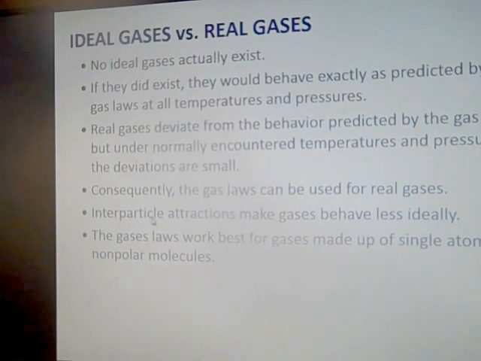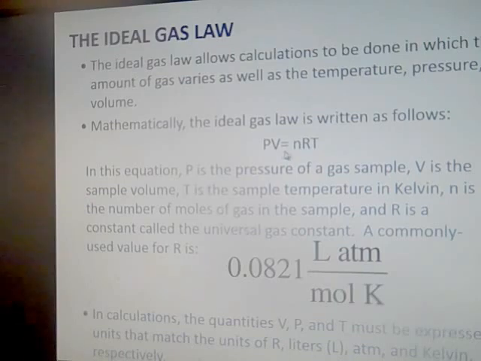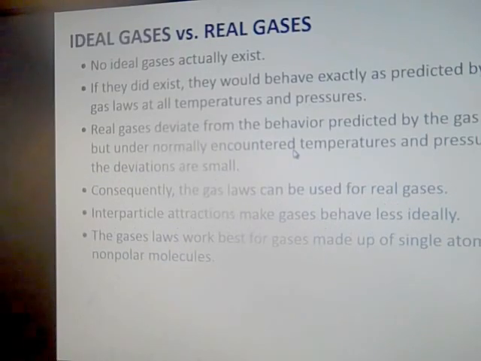But if there are intermolecular attractions, it will deviate from the simple law that we have mentioned already. And of course, the reason why it works best for single atoms or nonpolar molecules is because these types of atoms or molecules feel the least amount of attraction.